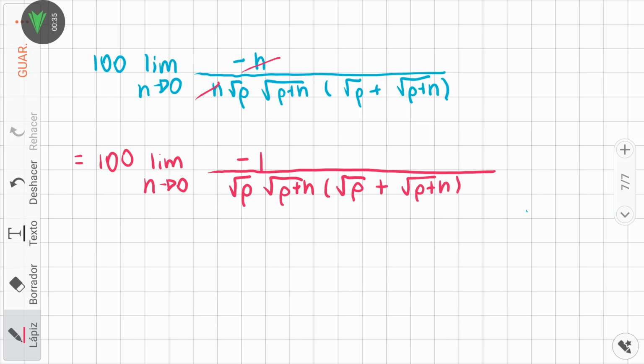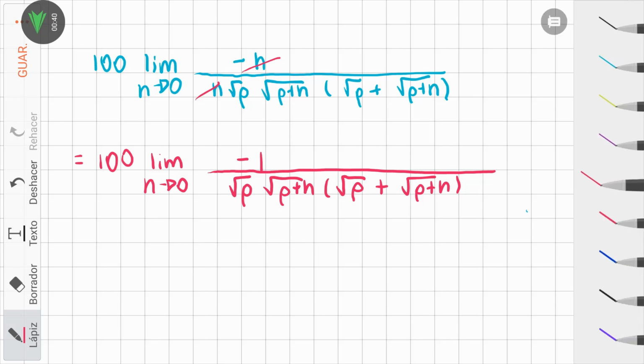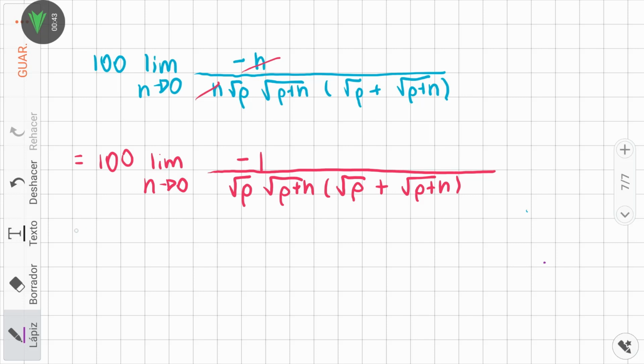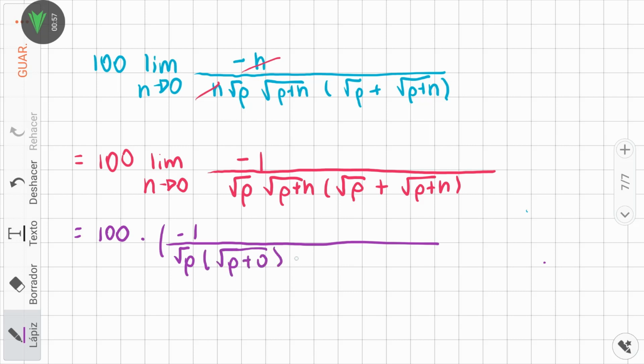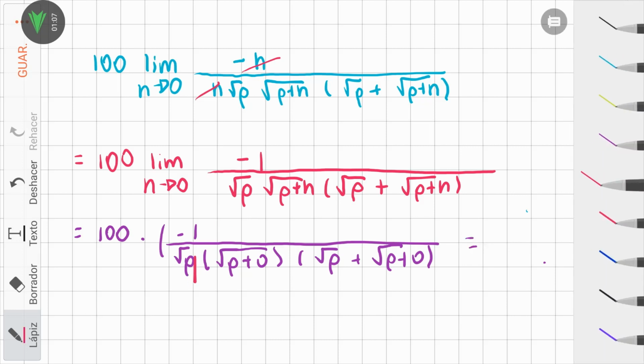And now we can finally test to see if this is undefined or if it isn't. So let's test this out. So that will be 100 times negative 1 over the square root of p times the square root of p plus 0 times the square root of p plus the square root of p plus 0, okay? Here notice that basically you're having the square root of p times the square root of p.